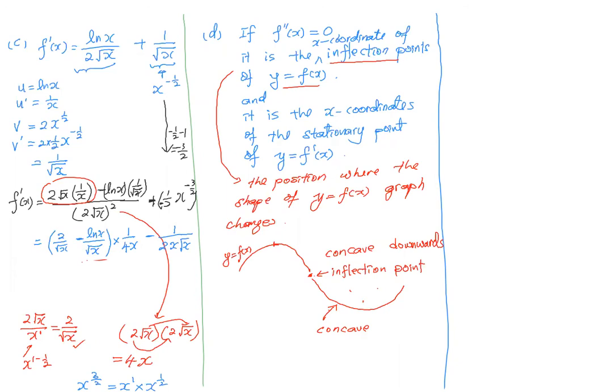That is how we should remember. Sorry for that. But I'm so used to convex and concave. Okay, so are you clear? So that is called the inflection point. Fair enough?